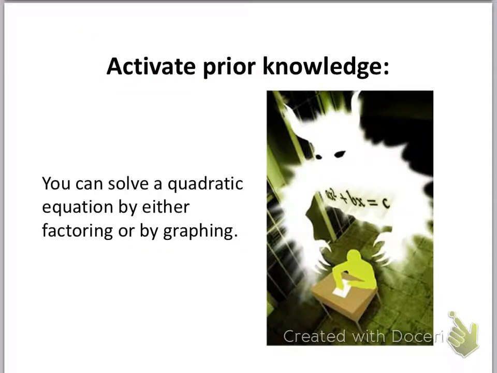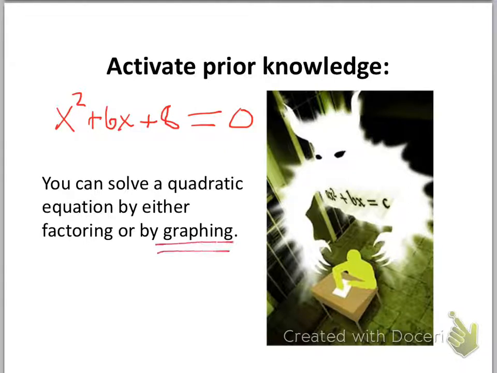So basically, over the past 2 days, you have realized that you can solve a quadratic equation, something that looks like x squared plus 6x plus 8 equals 0, by either graphing the equation x squared plus 6x plus 8 equals y and looking at the y-intercepts, so you can do it by graphing, or you could do it by factoring, by finding the factors of 8 that add up to 6. Okay, so it's nice that we have more than one option. So today we're going to focus on solving by graphing.